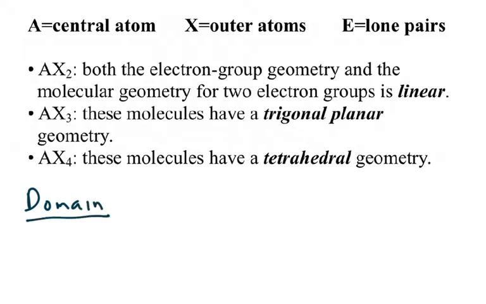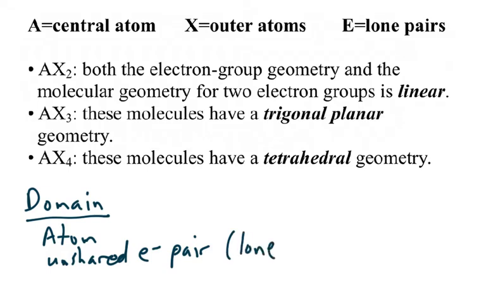A domain can be an element or an atom connected physically to the central atom, or it could be what we call an unshared electron pair, which you'll hear me refer to as lone pairs. So when you hear me say lone pairs, that's basically an unshared electron pair. It's represented by two dots. The dots represent electrons.